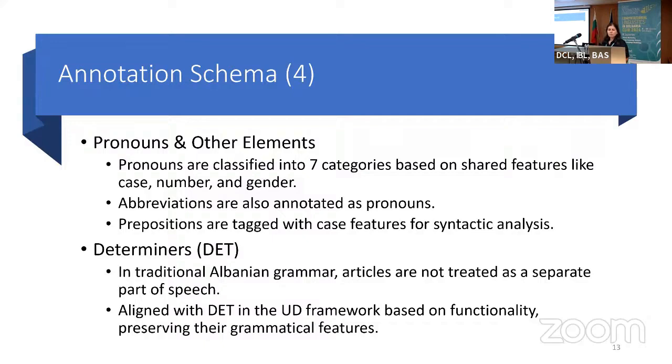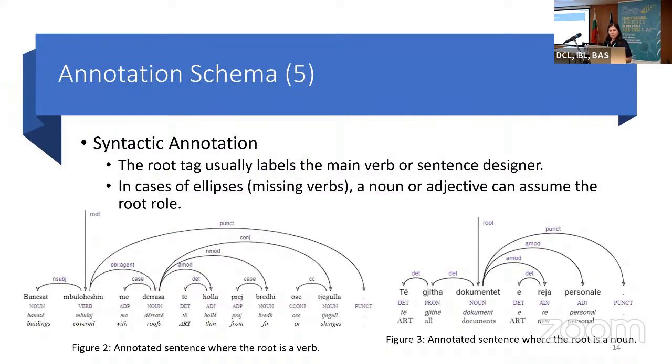And in the traditional Albanian grammar, the articles are not treated as a separate part of speech, but due to the schema that we are using, we align them based on the functionality that they have in the sentence, preserving the grammatical features.